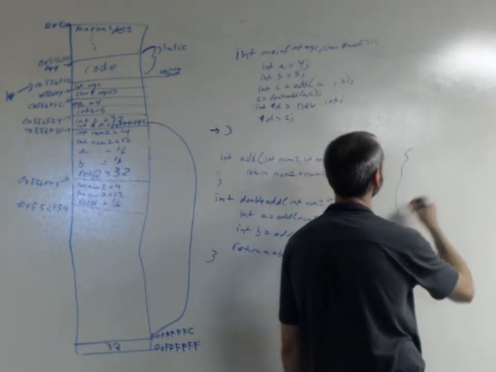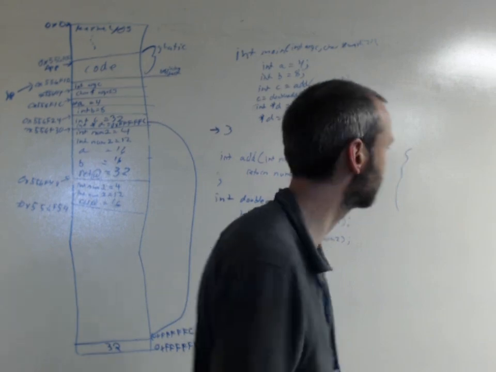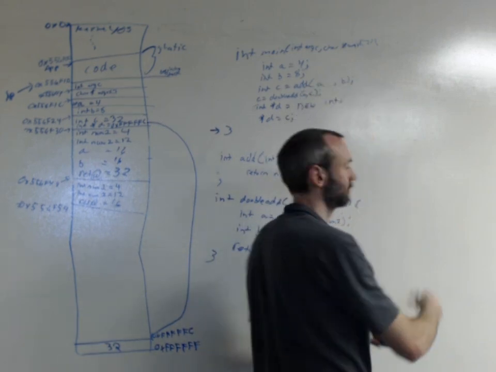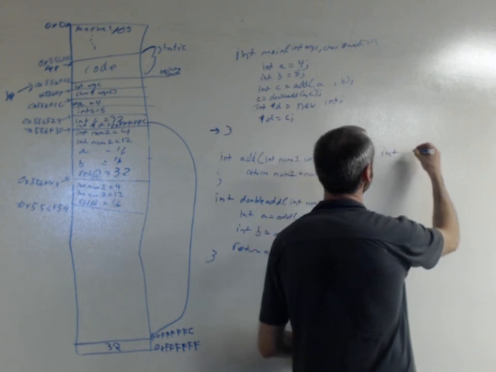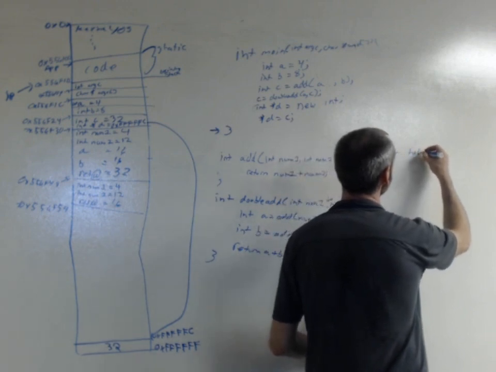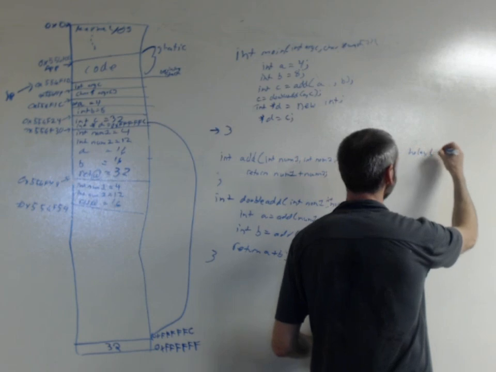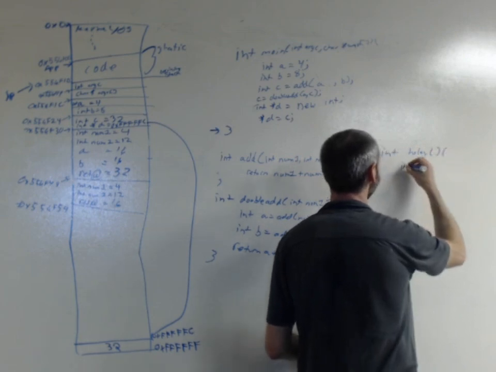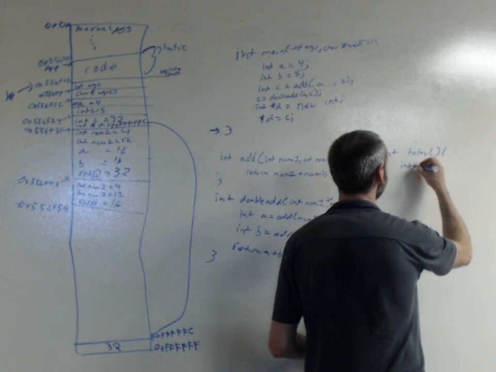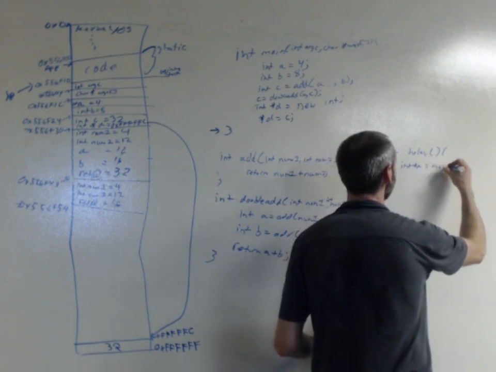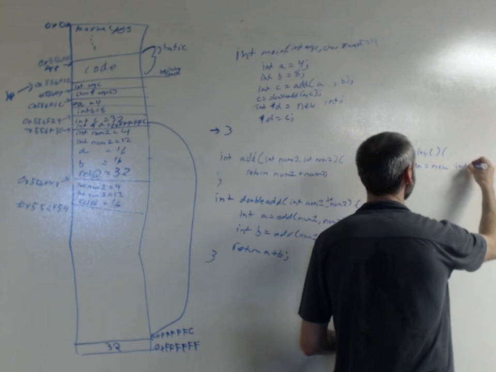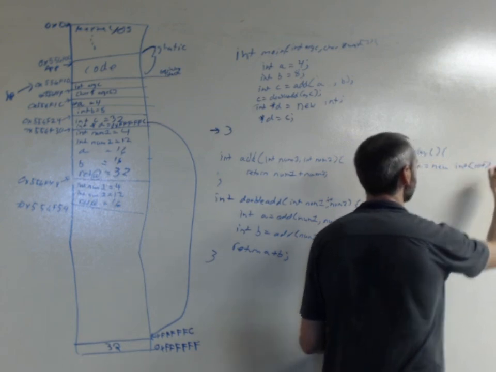Let's go make another function. Int A equals new int, and let's put in a bracket of 100.